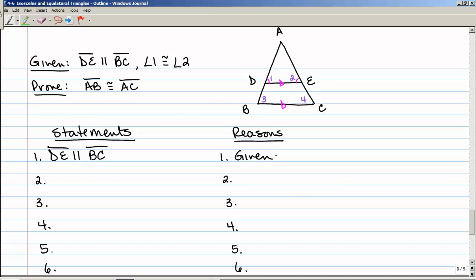and that's given. So if those two horizontal segments are parallel to each other, I'm seeing parallel lines cut by a transversal. Actually, I have two different transversals, both AB and AC. So I can say that angle 1 is congruent to angle 3, because those are corresponding angles. And angle 2 is congruent to angle 4, because those are also corresponding angles.